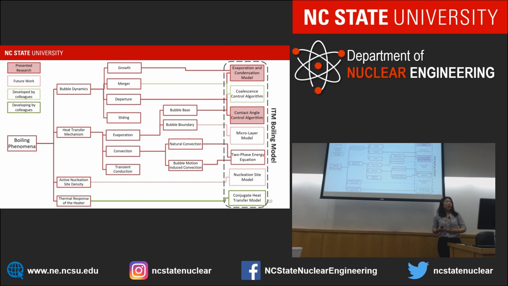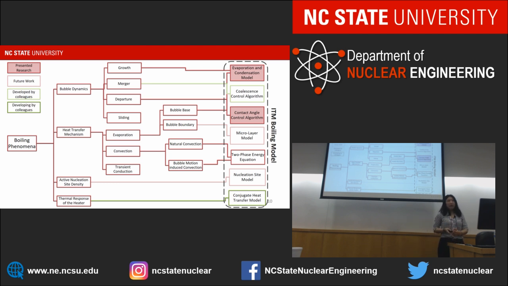So if we want to simulate the boiling phenomenon using the interface tracking method, we have to have a complete description of all these physical mechanisms, and couple them in a single boiling simulation to achieve the large-scale boiling simulation we dream of.